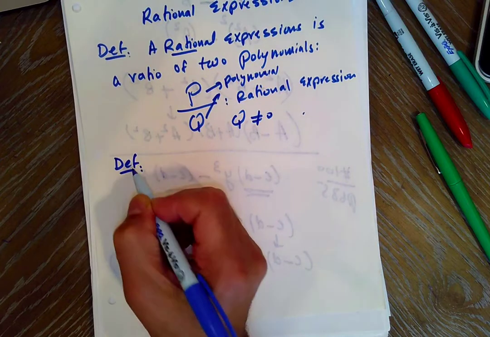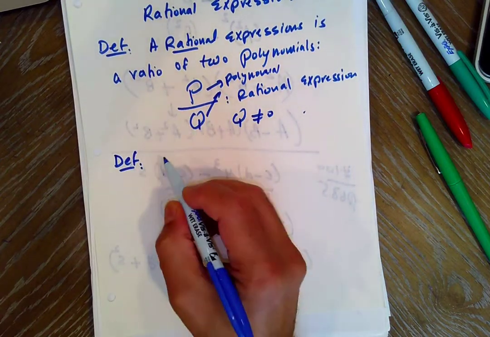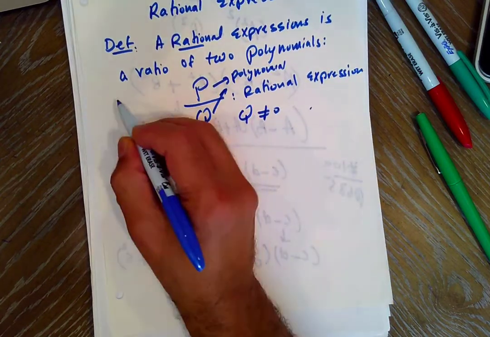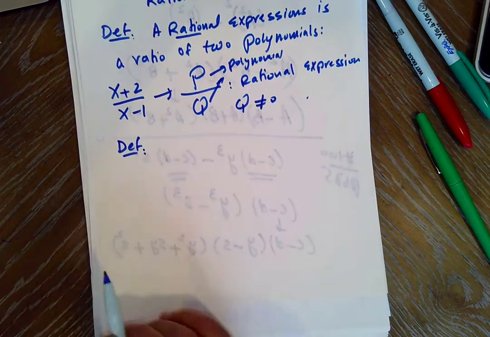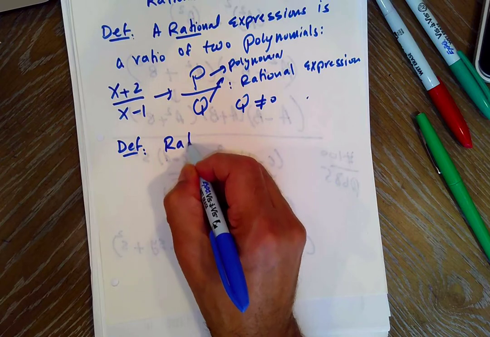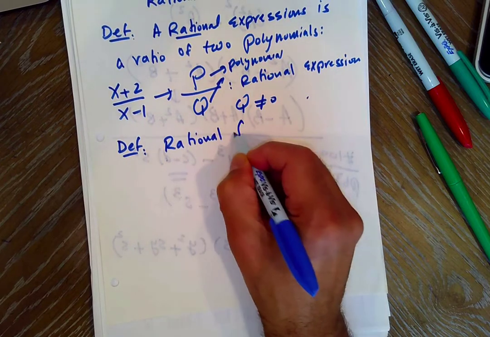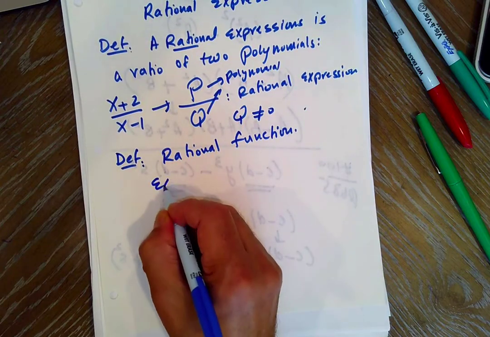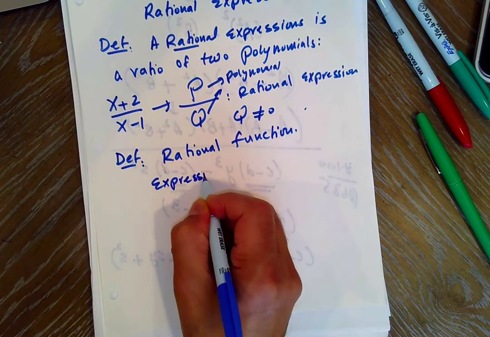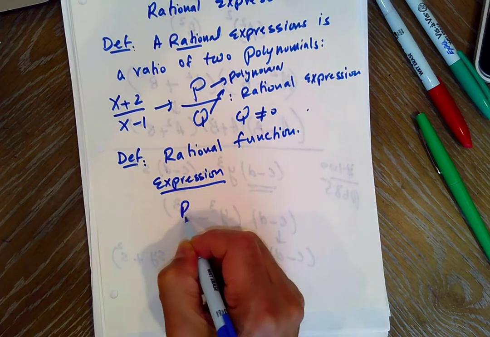So for example, x plus 2 over x minus 2 is a rational expression. And we have rational function. So there's expression and there's function. If we have a rational expression, it's p over q.